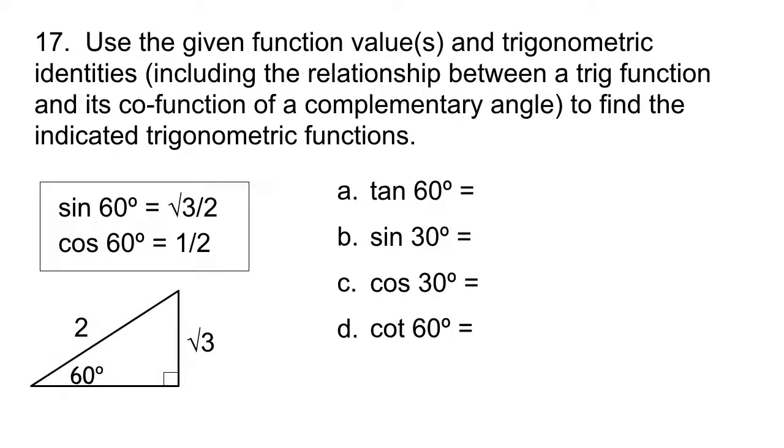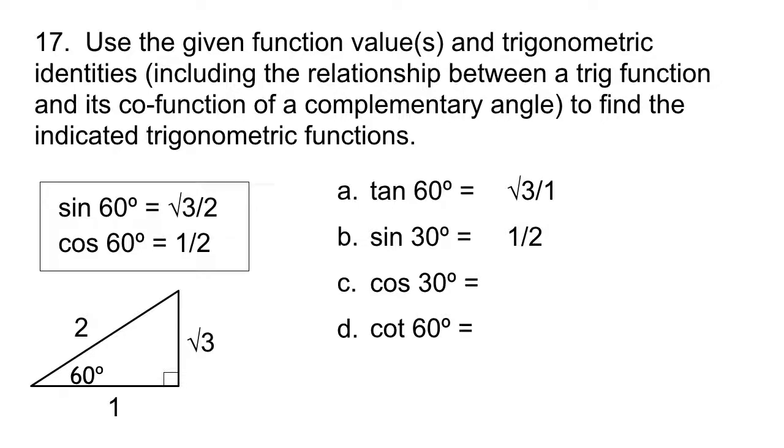We know sine is the opposite over the hypotenuse, and so cosine is adjacent over hypotenuse. So now tangent of 60 degrees is opposite over adjacent. The sine of 30 degrees is the same thing as the cosine of 60 degrees. So that's going to be 1/2.